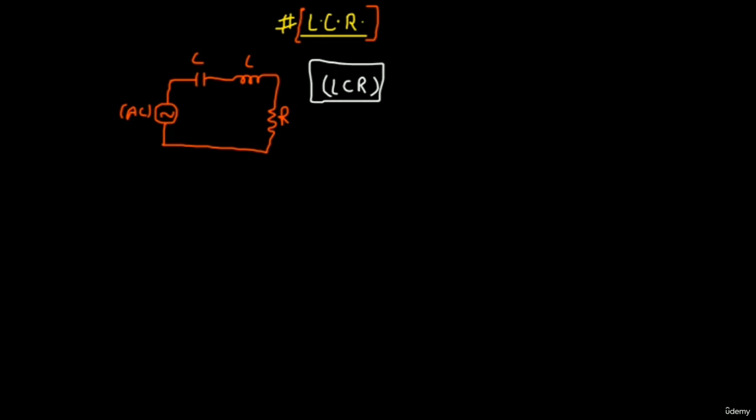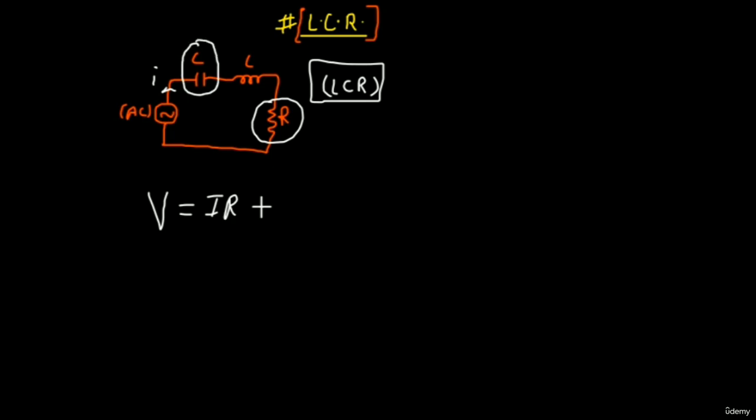Now let's write the total voltage. The voltage that we can get from the resistance is IR. The current is flowing. Remember the current I, that one. Plus the voltage that is going through this one.